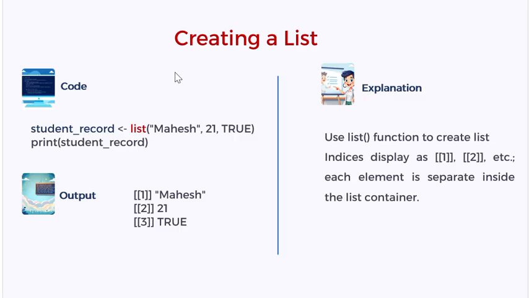So list is the built-in function which helps us to create a list. And we can access the student name, age, or whether he is studying or not, all the parameters or the list of data, with the help of the index value. That's what is mentioned here. We will see it in the upcoming slides very clearly.